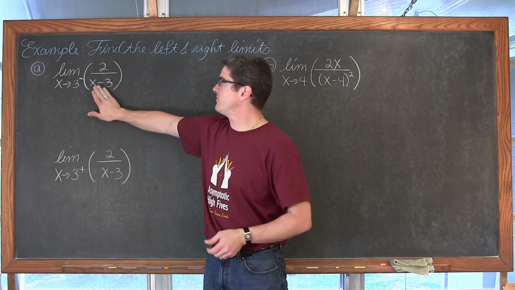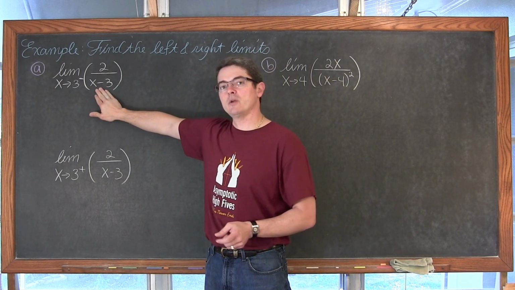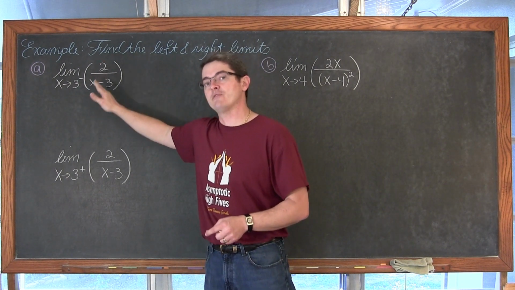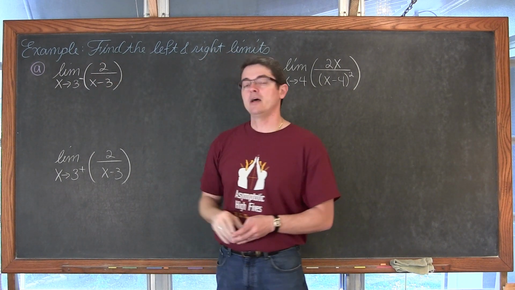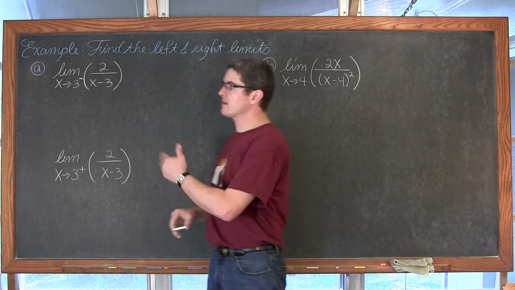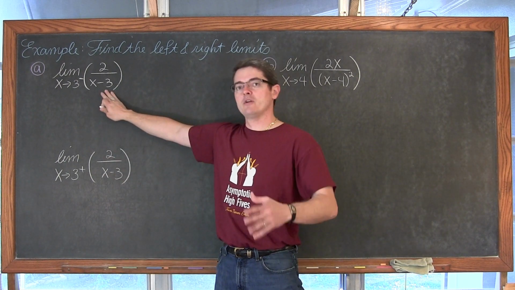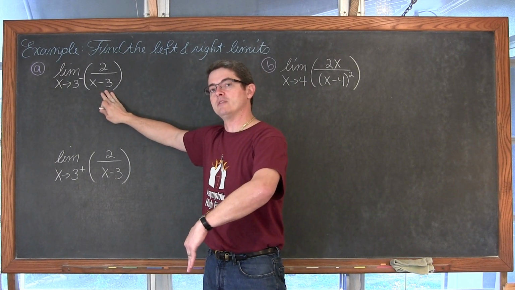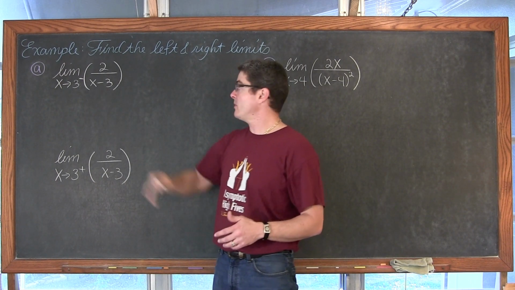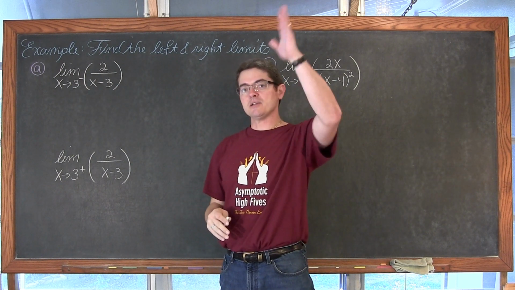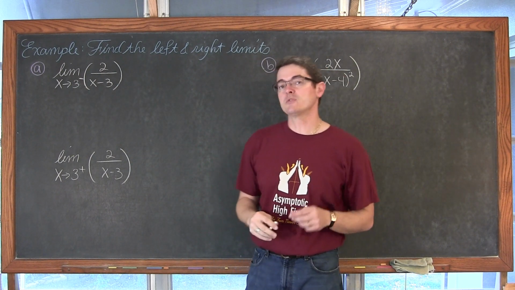Knowing that this x minus 3 is going to be 0 at 3, making this undefined, making a vertical asymptote at x equals 3, I know I'm not going to cross that vertical asymptote. So if I get a value that's very, very negative, I'll know I'm approaching negative infinity. Or if I get a value, I'm going to plug in 2.9, that's positive and very large, then I know I'm going off to positive infinity.